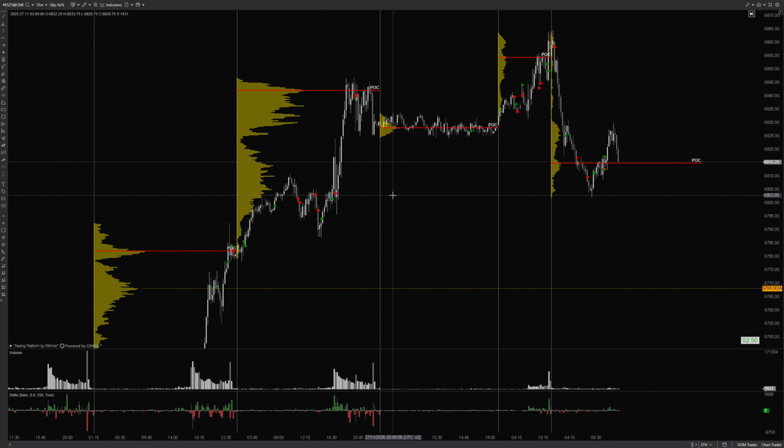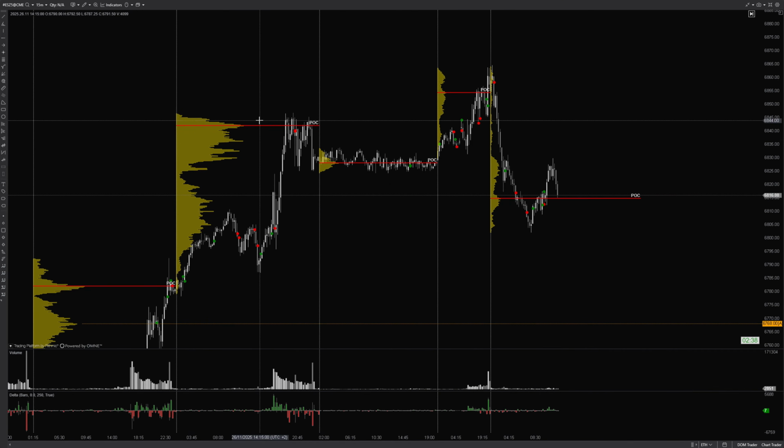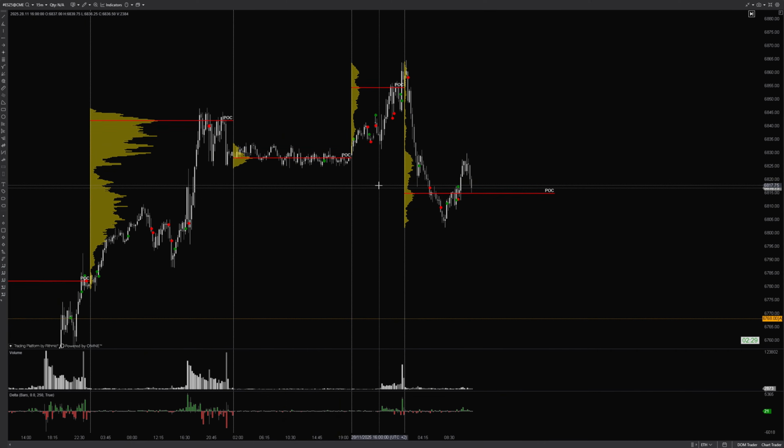What do we have on the 26th? See a level standing out here, but again, it's mitigated during Asian session. We have the POC mitigated on Friday. Volume spike also mitigated on Friday.